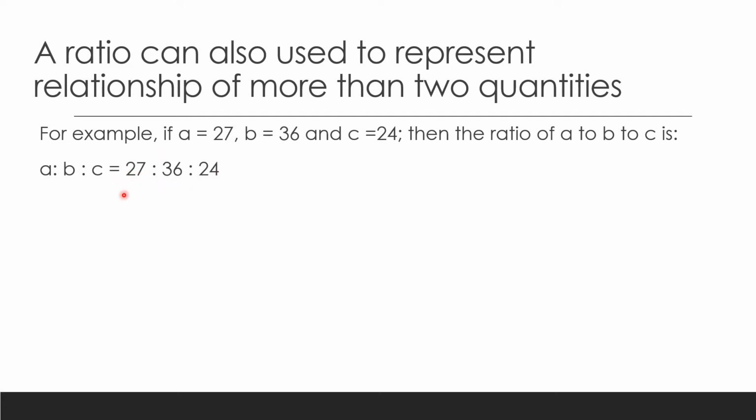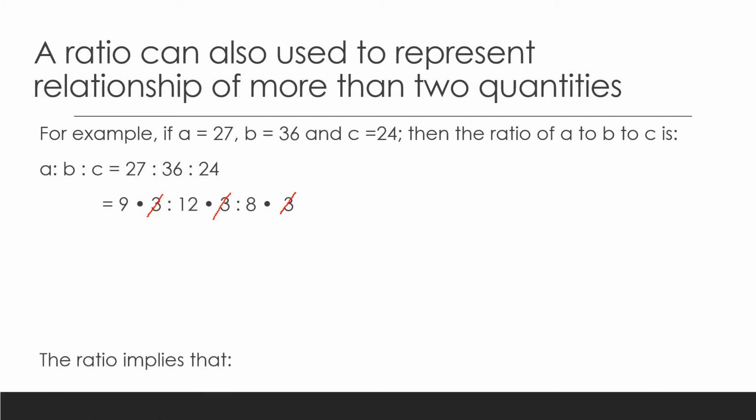So we can write this as what? 27 is 9 times 3, right? And 36 is 12 times 3. And 24 is 8 times 3. What is common between the three? 3 is their GCF. Alright?